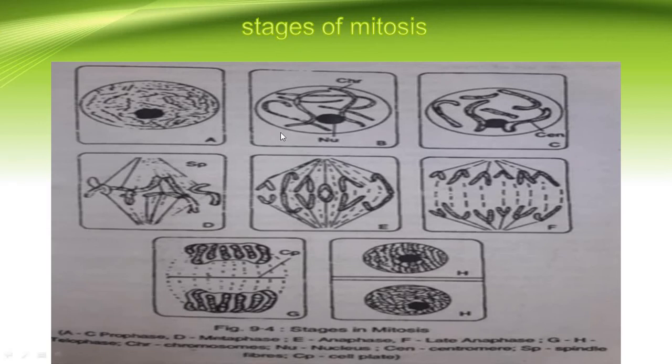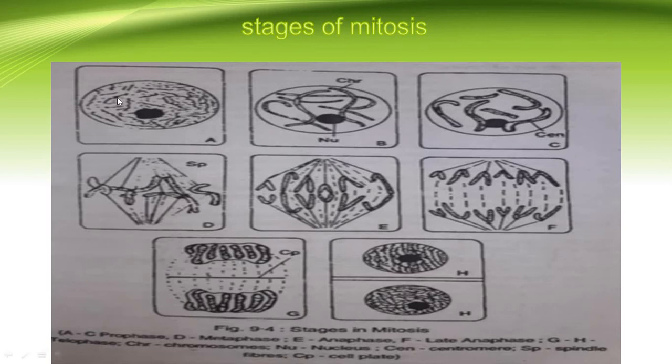You can see here A, B and C. A to C is prophase. Prophase is the first phase of the karyokinesis. Pro means before. You can see here the nucleus. The cell has the nucleus, and inside the nucleus are the chromosomes, which are thread-like structures.